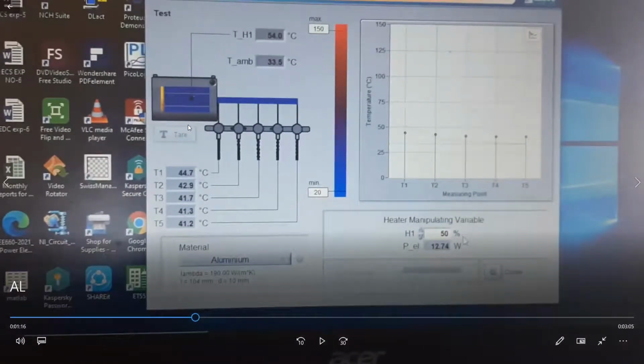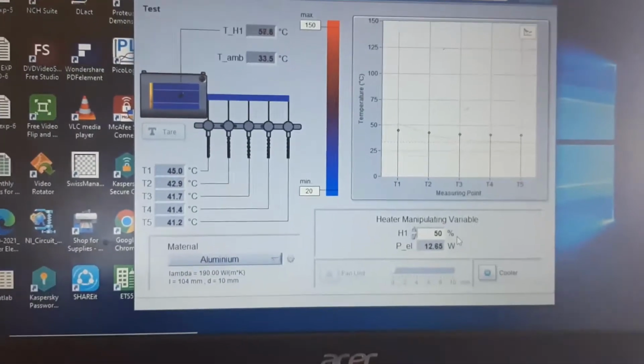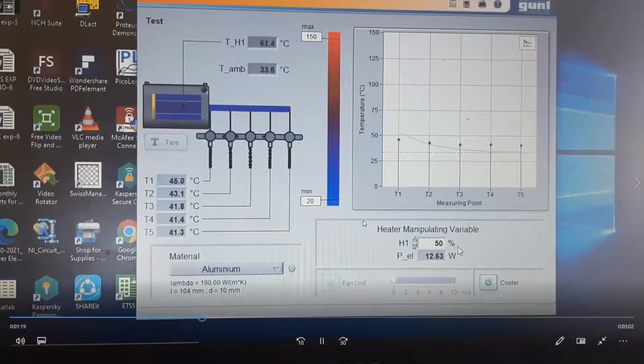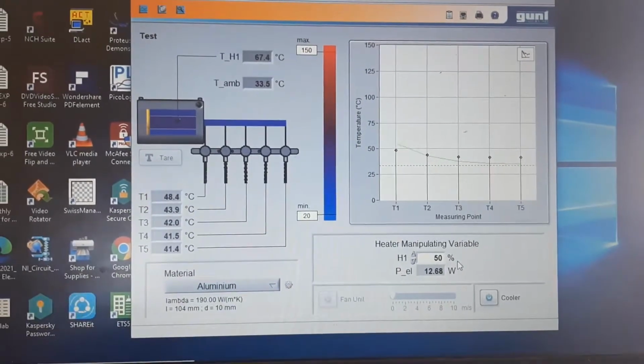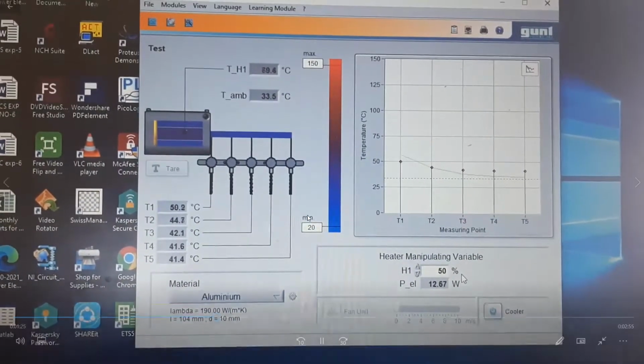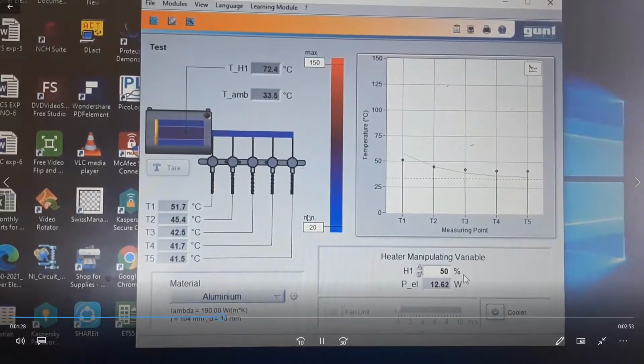That means the input electrical power is always 12 point something, always the same for all three metals. Applying heat, you can see that the temperature is increasing now, the inside temperature and every temperature.